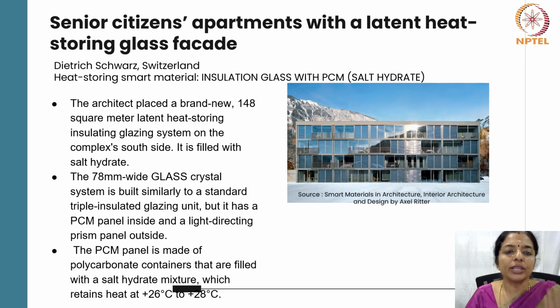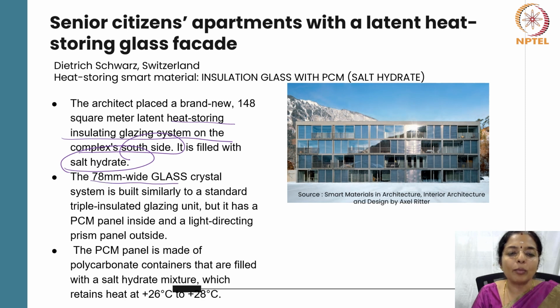So the architect has placed a brand new 148 square meter latent heat storing insulating glazing system on the south side. This is filled with salt hydrate. The 78 wide glass crystal system is built similar to a standard triple glazing unit.